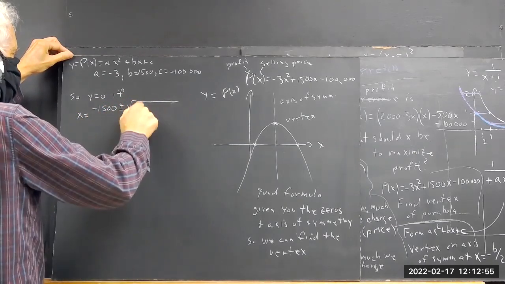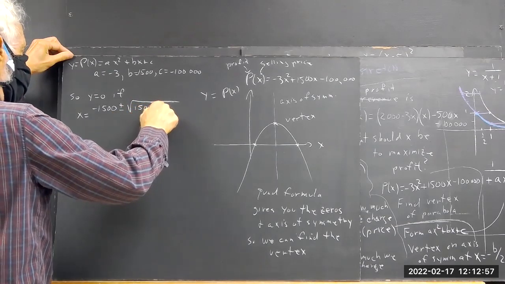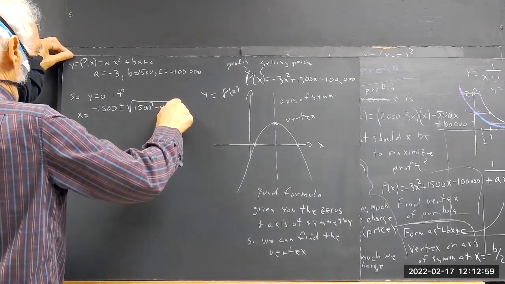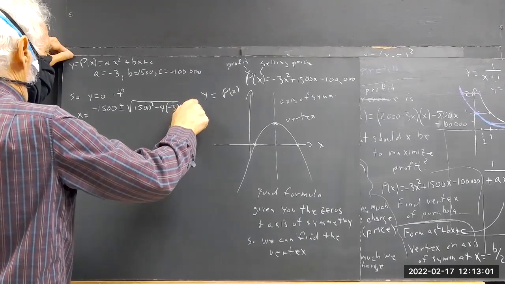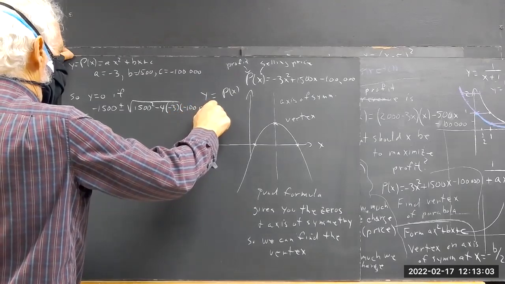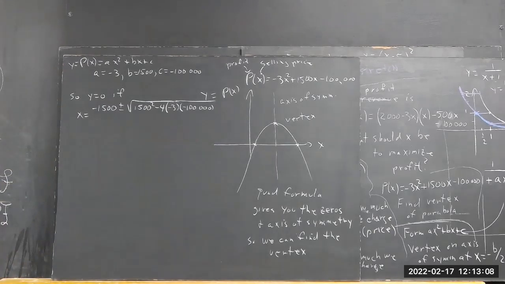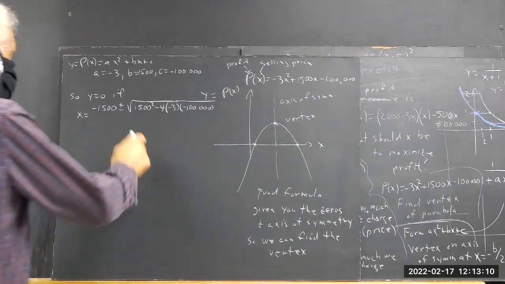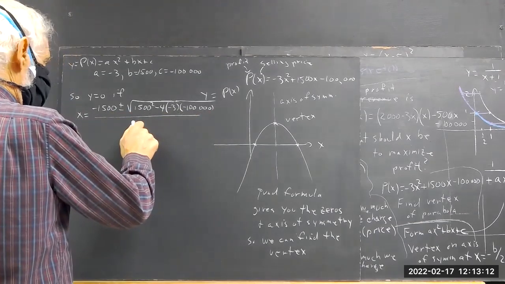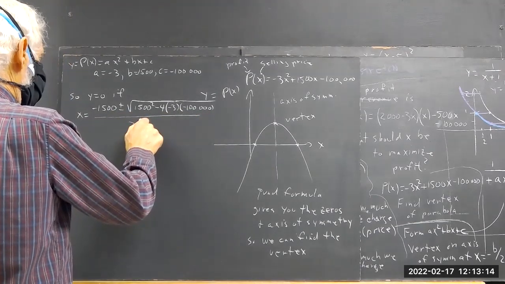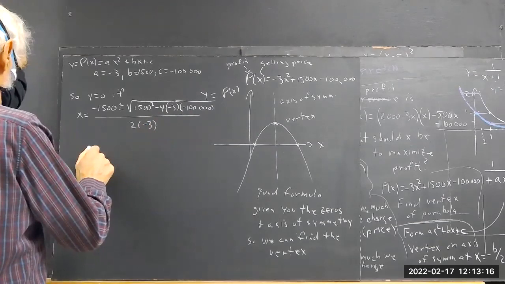Plugging into the quadratic formula, we get this, over 2 times negative 3.